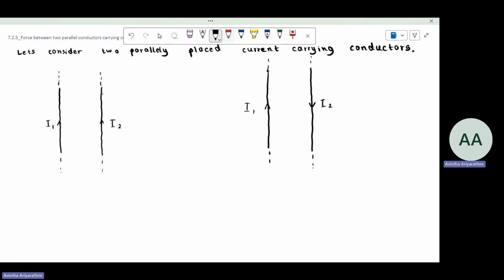Right? So we know from the right hand rule, when our thumb is pointed towards the direction of the current, the other four fingers give the direction of the magnetic field. So around this I1, there would form a magnetic field like this around it.